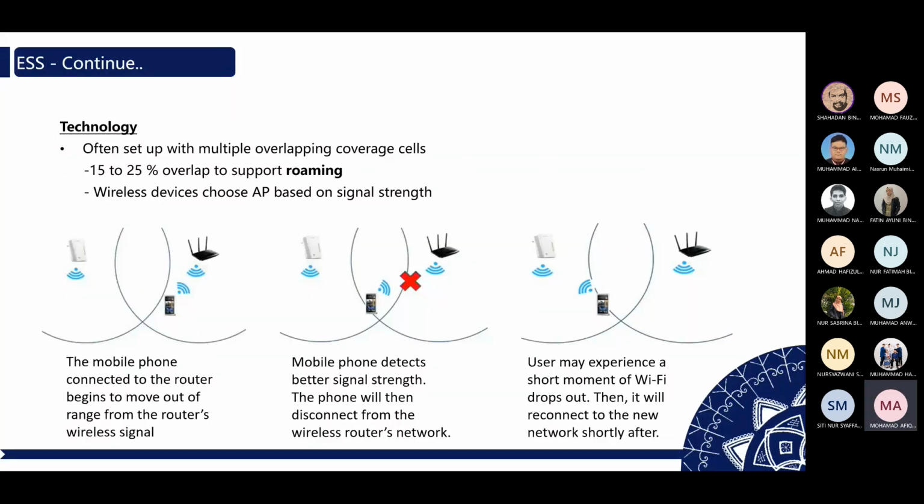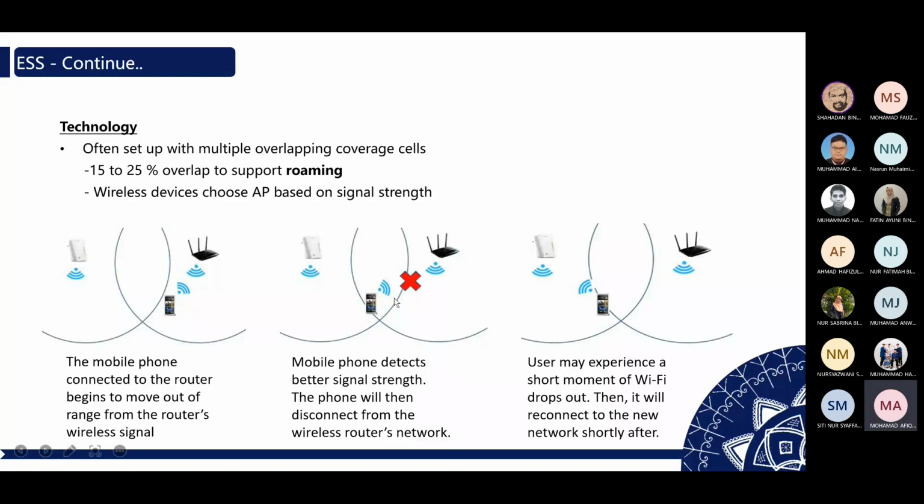And to continue for ESS, they often set up with multiple overlapping coverage cells. So around 15 to 25% overlap to support roaming. And a wireless device will choose the AP based on the signal strength. So for the first picture, the mobile phone here is connected to this black router and begins to move out from range from the router's wireless signal.